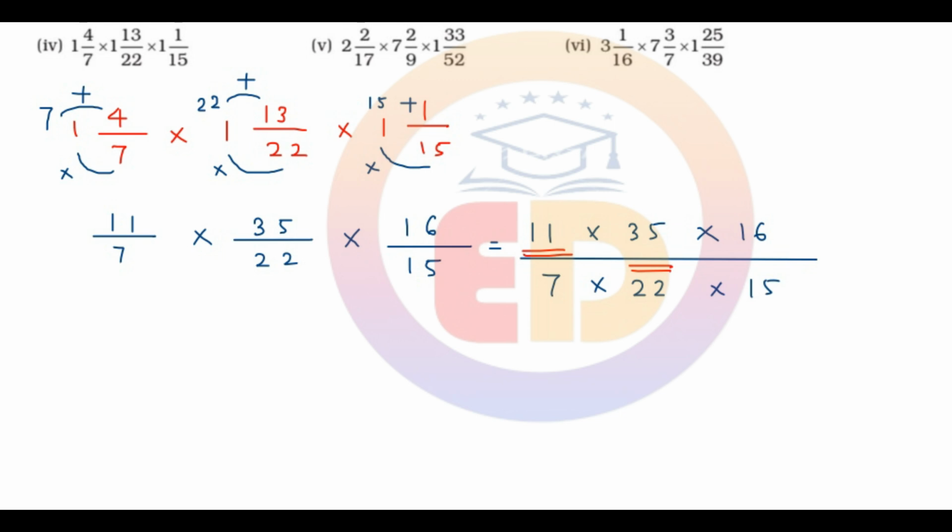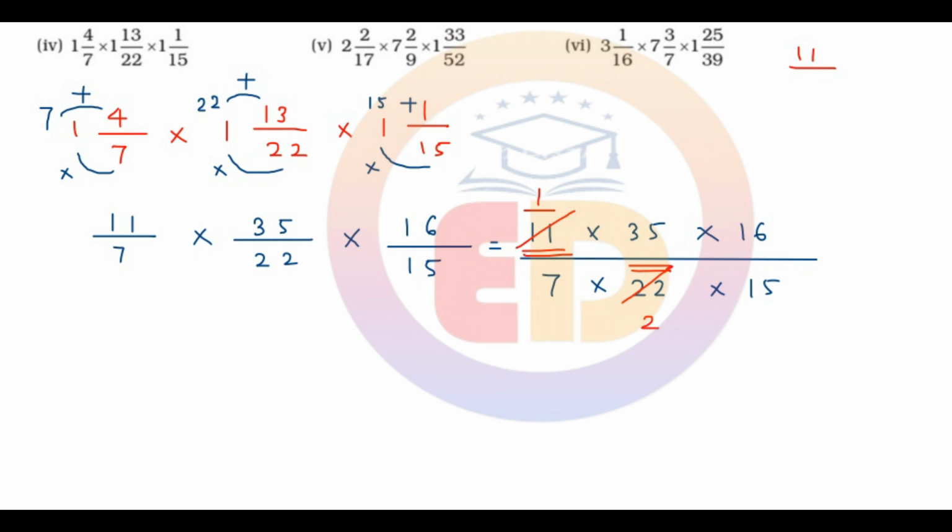Both 11 and 22 will be divisible by 11. They both come in the table of 11. So let's divide both of them by 11. 11 ones are 11. 11 twos are 22. So when I divide 11 and 22 by 11, I get 1 in place of 11. In place of 22, I now have 2.